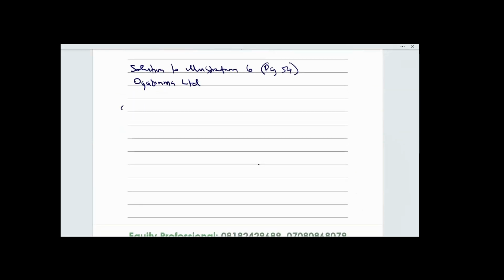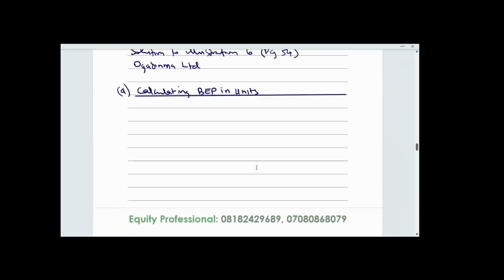So for requirement A, we are to calculate the break-even point in units. Like I said, since Ogadima is a multi-product organization, we are going to follow the 5 procedures.